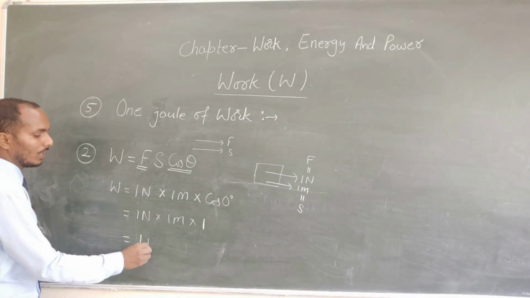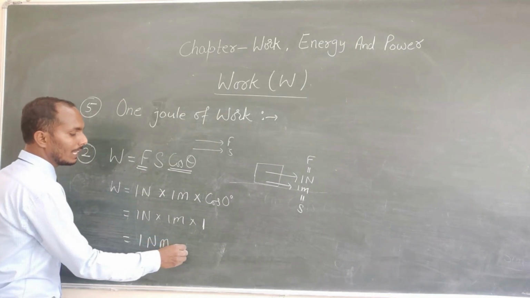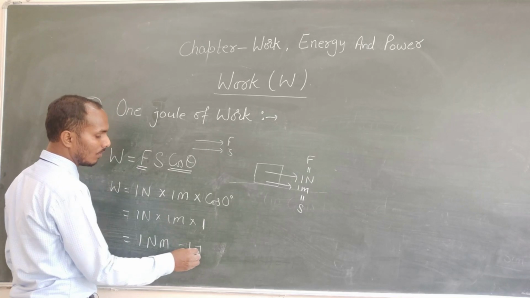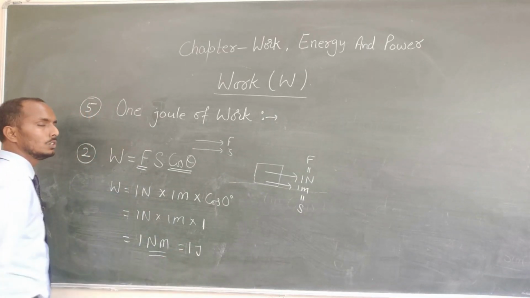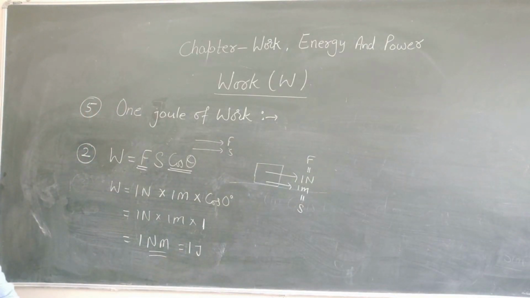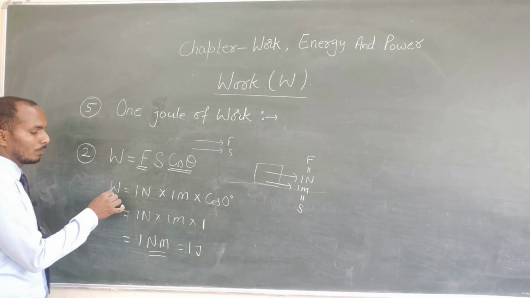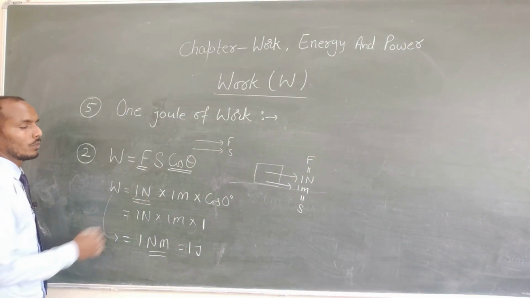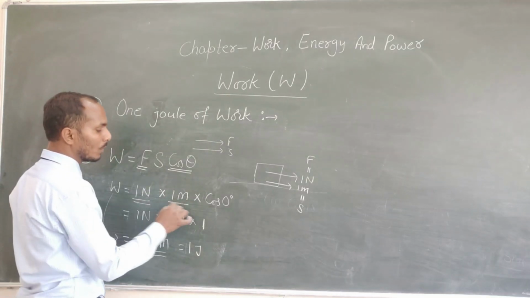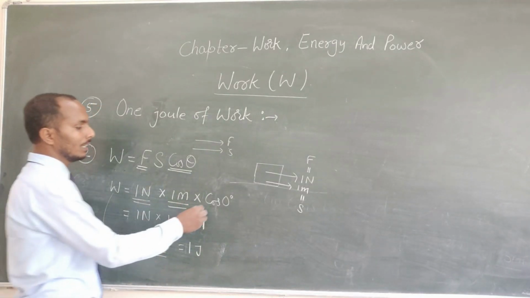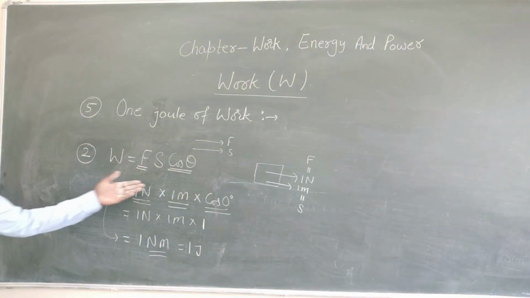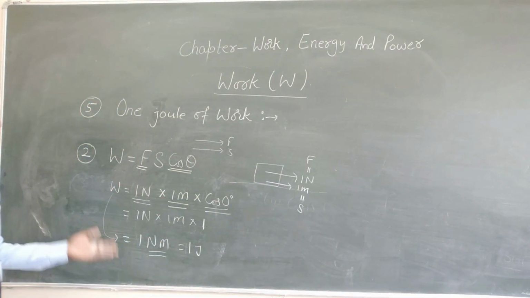So it becomes 1 Newton meter, and 1 Newton meter is said to be 1 joule. So you can define it: work is said to be 1 joule when 1 Newton force is applied on a body and the body displaces 1 meter in the direction of force applied, that is, the angle between force and displacement is 0 degree.